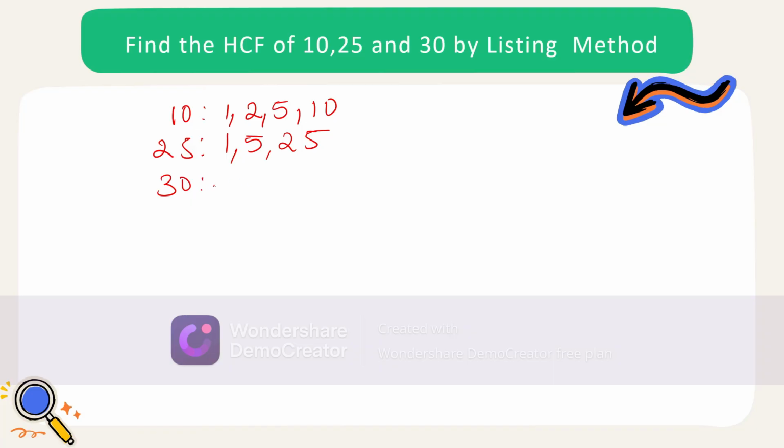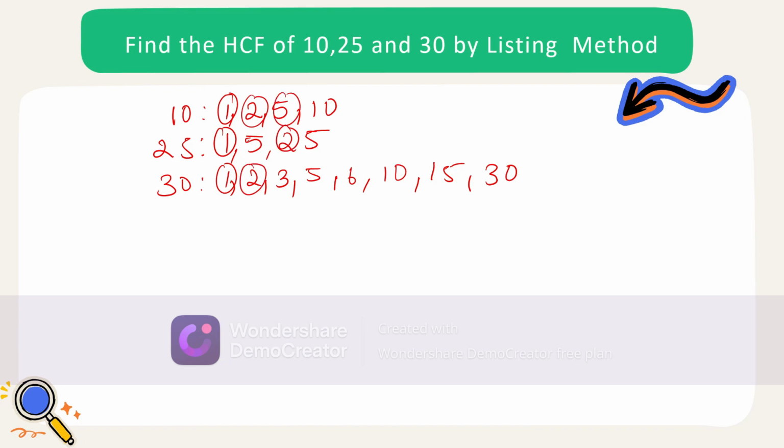Now 30. There will be many factors over here. So 1, 2, 3, not 4, 5, 6, 7, 8, 9, no, 10 directly, then 15 and 30. Let's circle the common factors. 1, then 2 is common, and 5 is common.